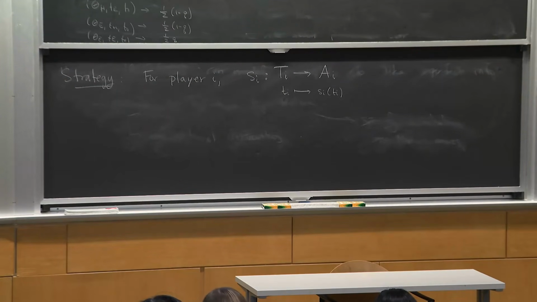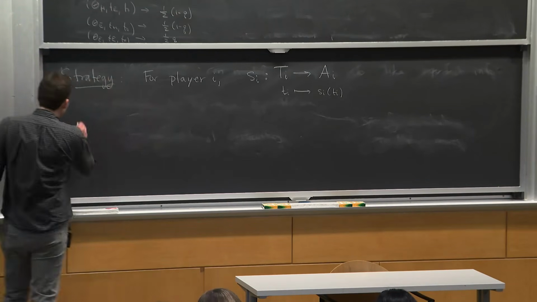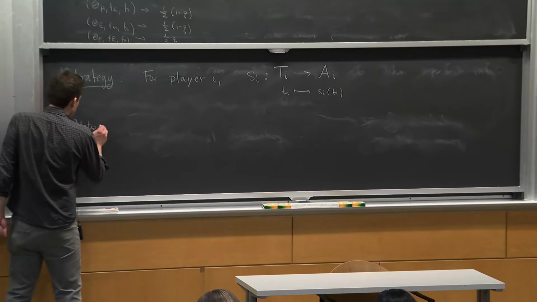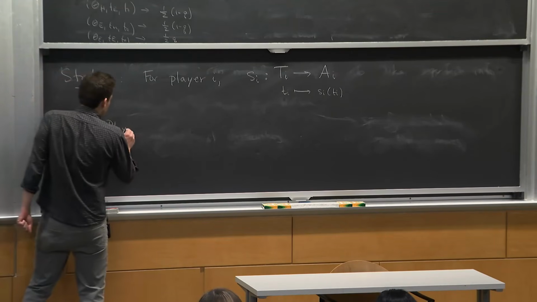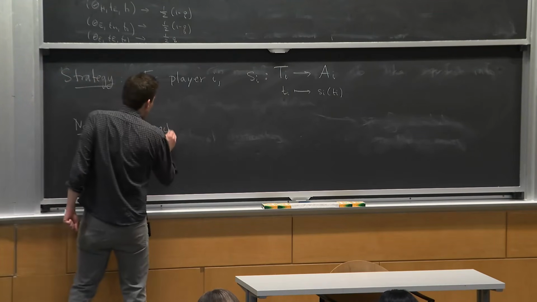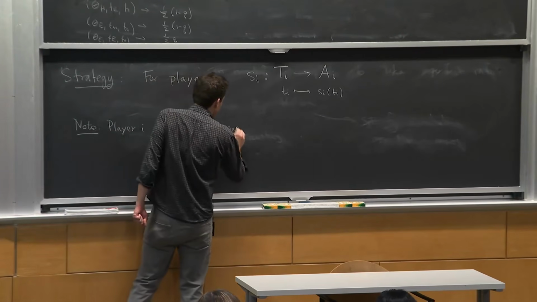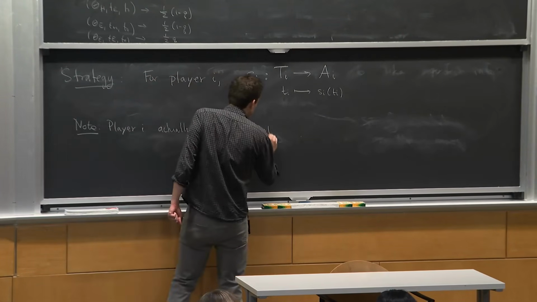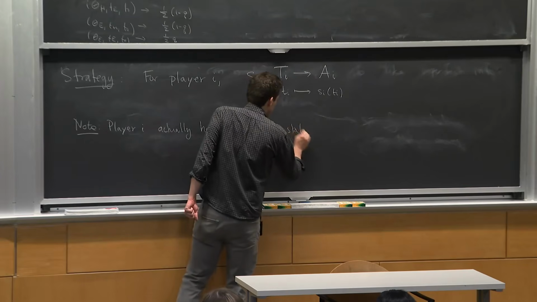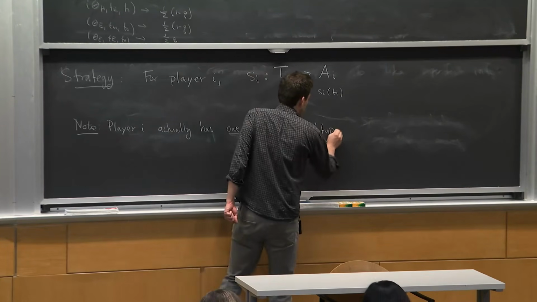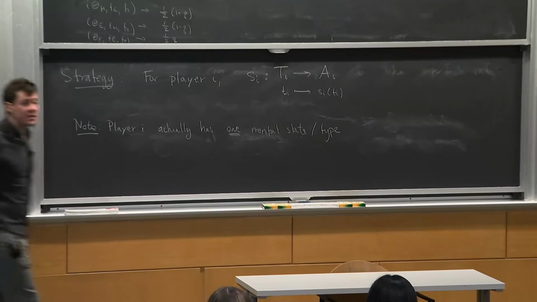I think there's one subtlety here in interpretation. Note, player I actually has one mental state, one type. So this is where I mentioned the interpretive difficulties we get into.